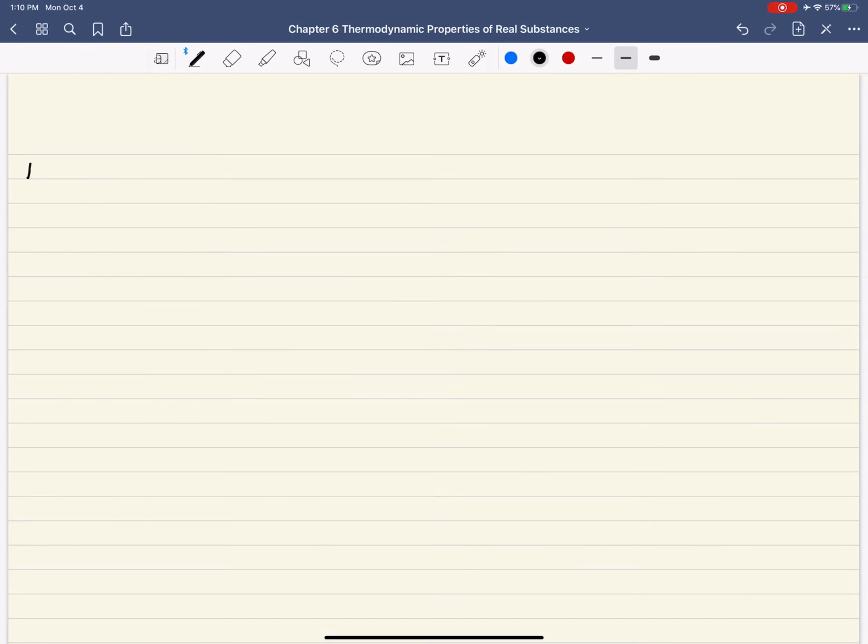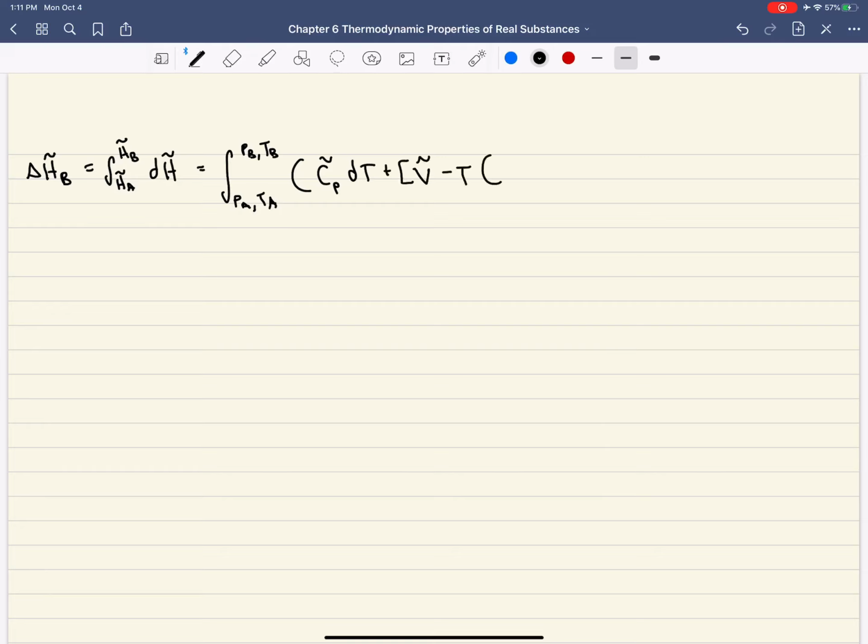Okay. Delta HB, the setup is the same, except now we're going from what I call HA to HB. The dH is still described initially by the same equation. Okay.